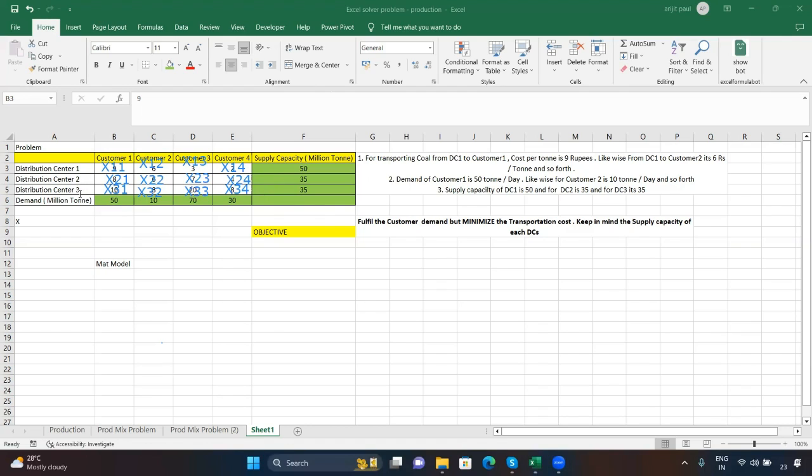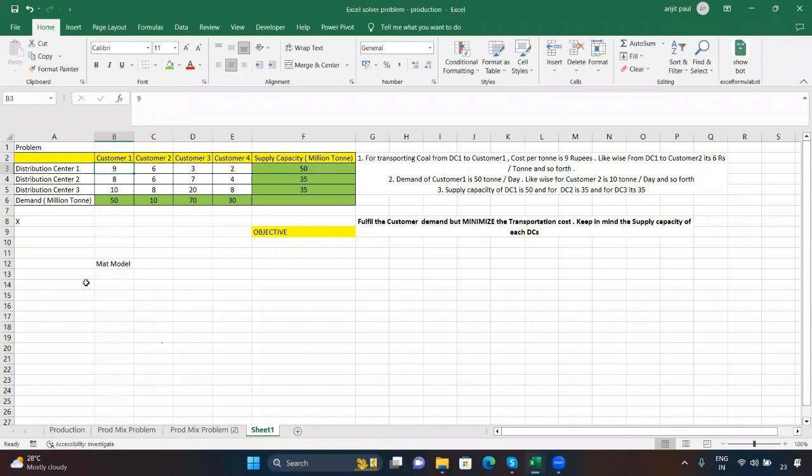So here 3 stands for distribution center 3, that is the source, and 1 stands for the destination, that is customer 1. So that is why we refer this cell as x31. Similarly, this is x32, x33, and x34. Okay, so let me just delete this data.